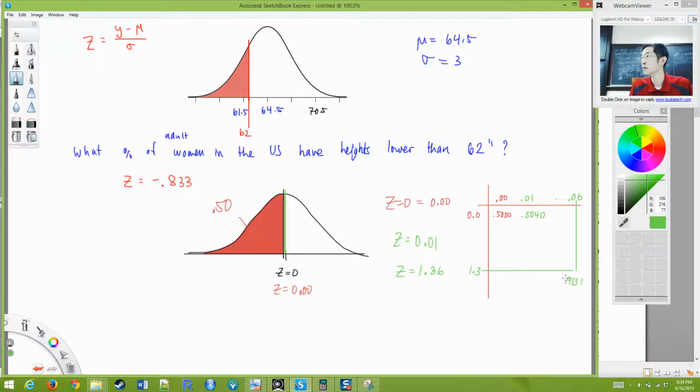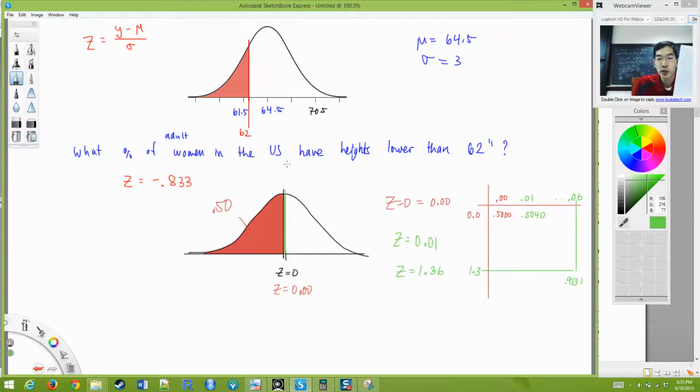Is that okay with everyone? Okay, so it's a normal distribution and it's continuous, so there's technically an infinite number of values that z or y or whatever can take on.